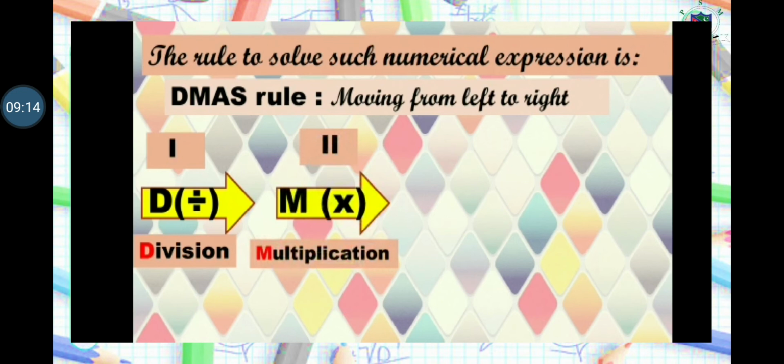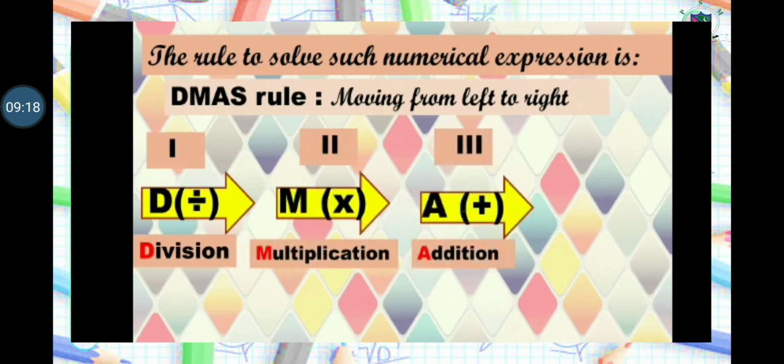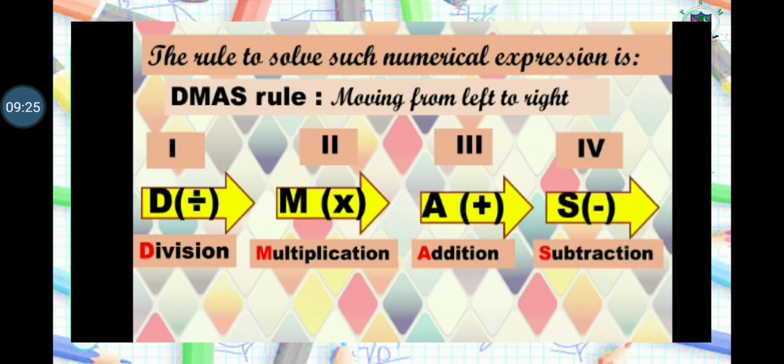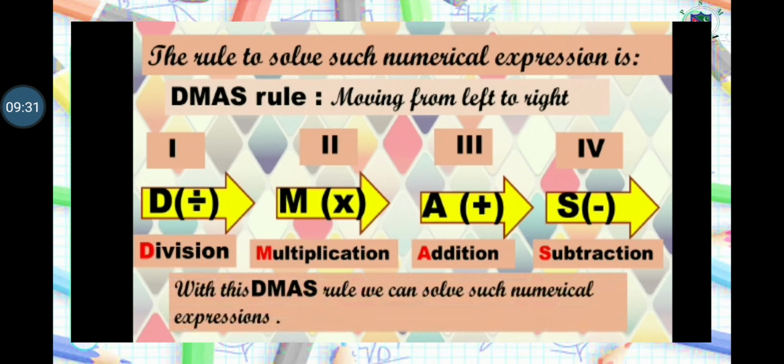The third is for A, and that is addition. And the fourth is for S, means subtraction. So dear students, we can solve the question with this DMAS rule.